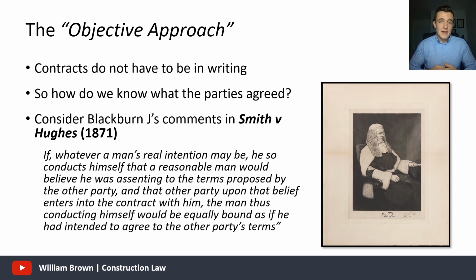I appreciate that the comments from Justice Blackburn and his vernacular are slightly outdated this day and age. So what I would invite you to do is go away and look at the more recent UK Supreme Court decision in RTS Flexible Systems. It's a case from 2010.